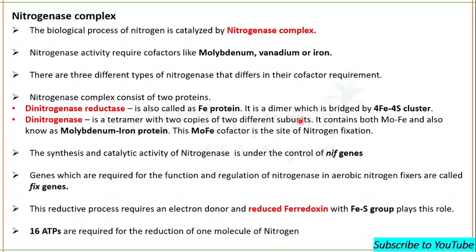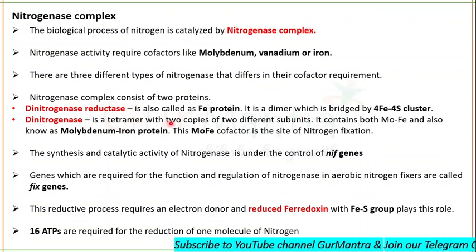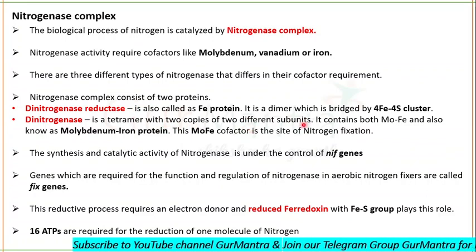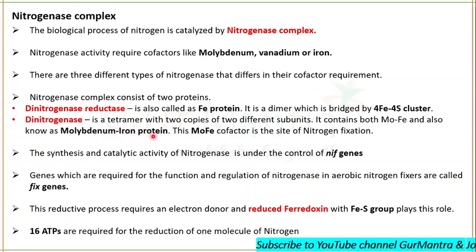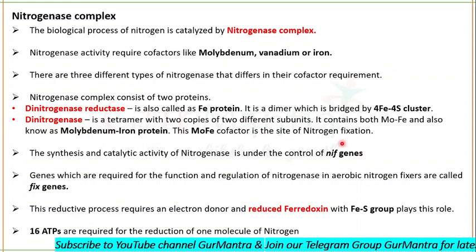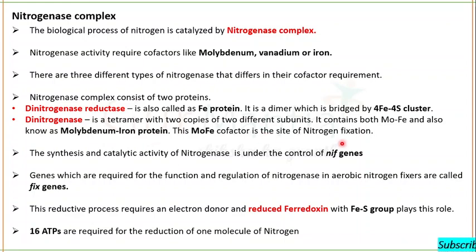So dinitrogenase is a tetramer with two copies of two different subunits. It contains both molybdenum and iron, therefore it is also known as molybdenum iron protein. And this molybdenum iron is the site of nitrogen fixation. So now you understand that the nitrogenase complex has two proteins.